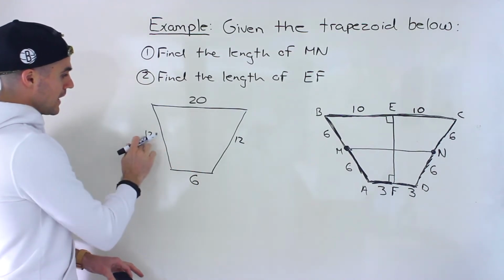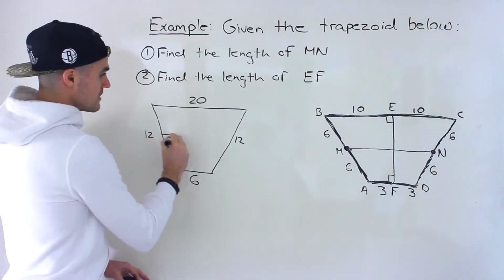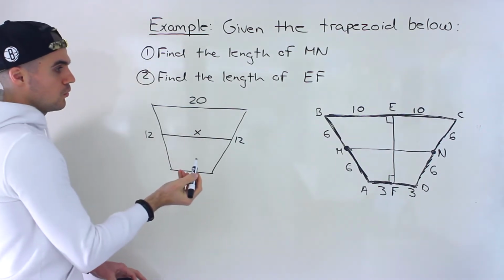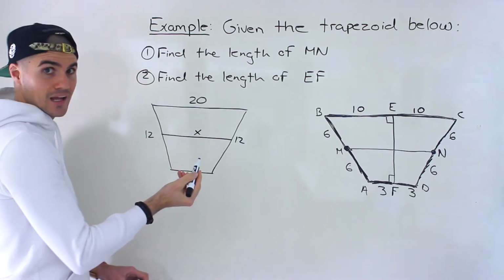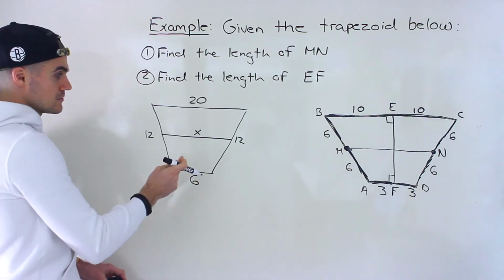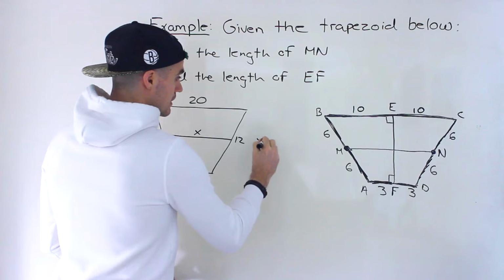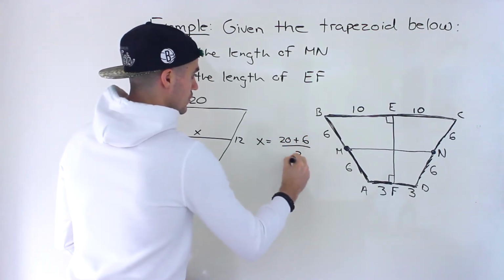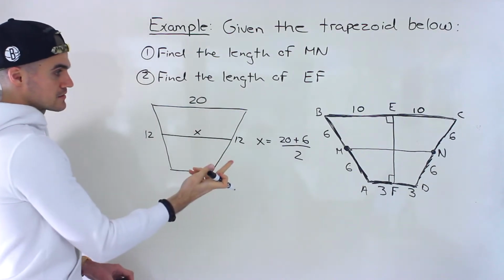And so at this point, we don't even need the 12s, but we have enough information to calculate what that mid-segment length is going to be, right? What MN is going to be, because it's going to be the average of those two lengths, right?